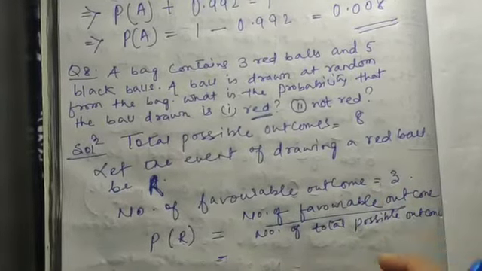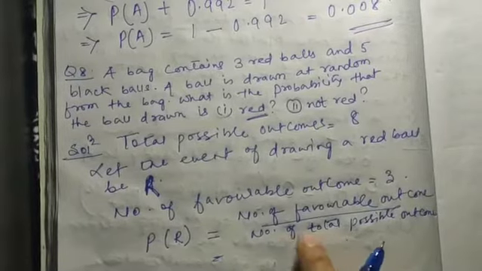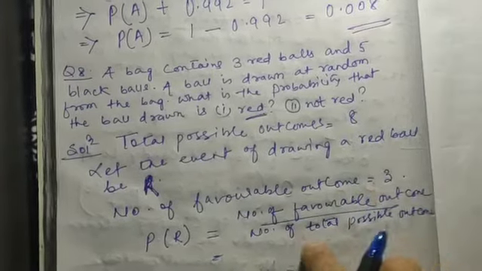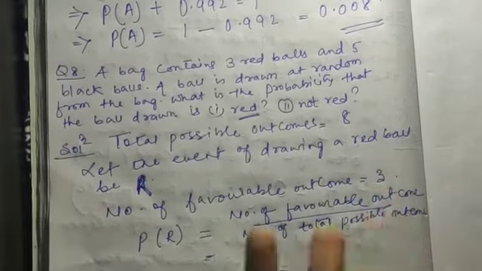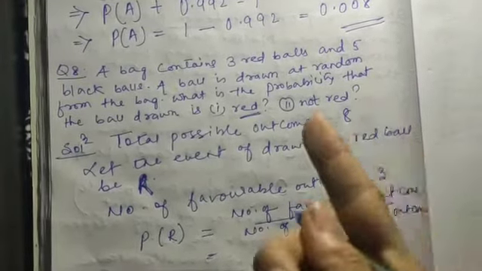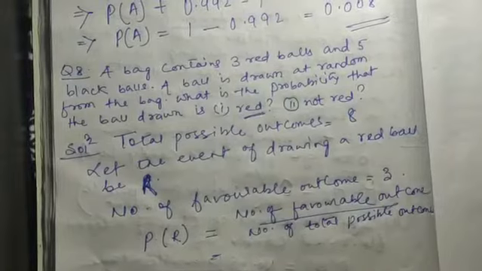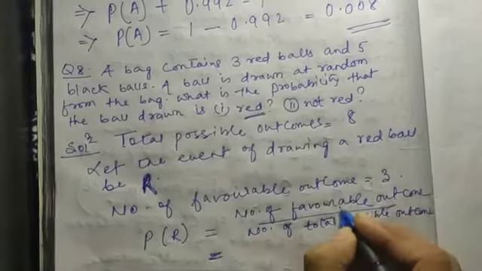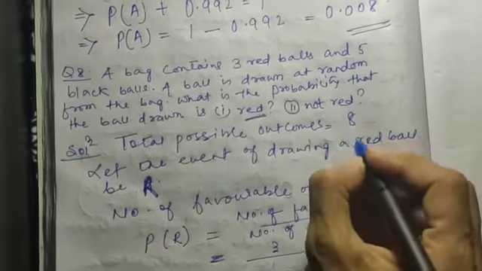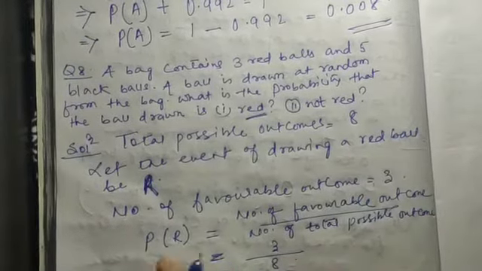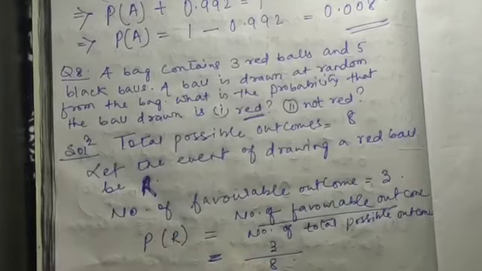If you write the inverse of that, the sum is wrong. Many of you are writing number of total possible outcome by number of favorable outcome. That is wrong. Total possible outcome is total how much is there. Favorable means what we want, how many of that are there. Okay, so number of favorable outcome is 3 and total outcome is 8. So 3 by 8 is the probability of drawing a red ball.